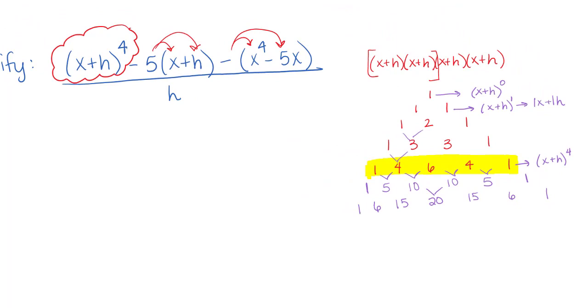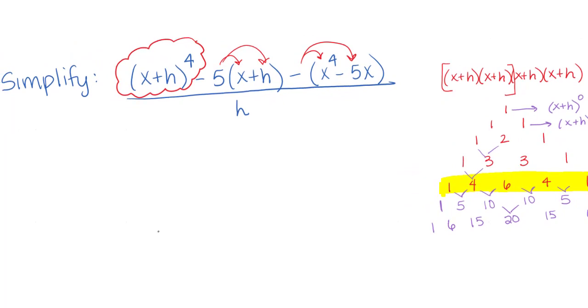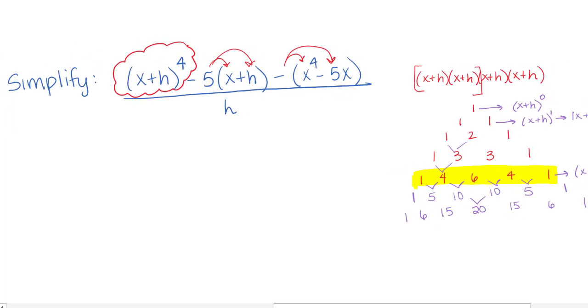Then I'm going to write out all those coefficients here. So it's going to be 1, 4, 6, 4, 1. And again, I'm trying to just take x plus h, that binomial, and raise it to the fourth. Then my first term in that binomial is going to be descending in terms of powers.